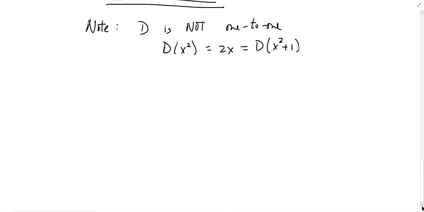Well, if you go back to your notes on 3.1, the theorem that states whether a linear function is one-to-one requires us to look at the matrix of the function and show that the columns of the matrix are linearly independent.